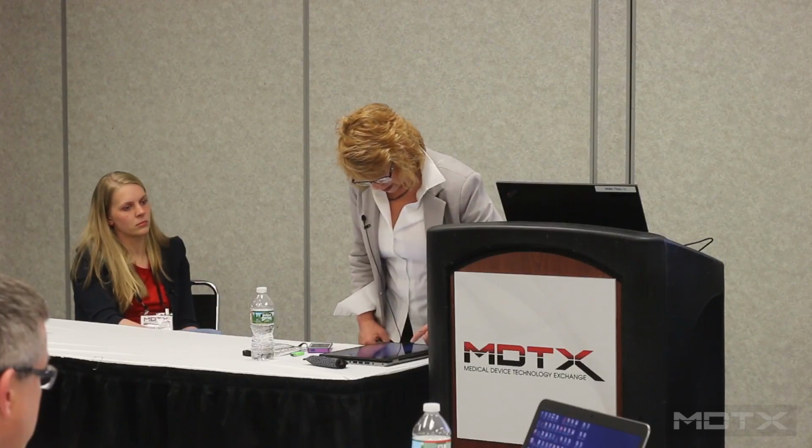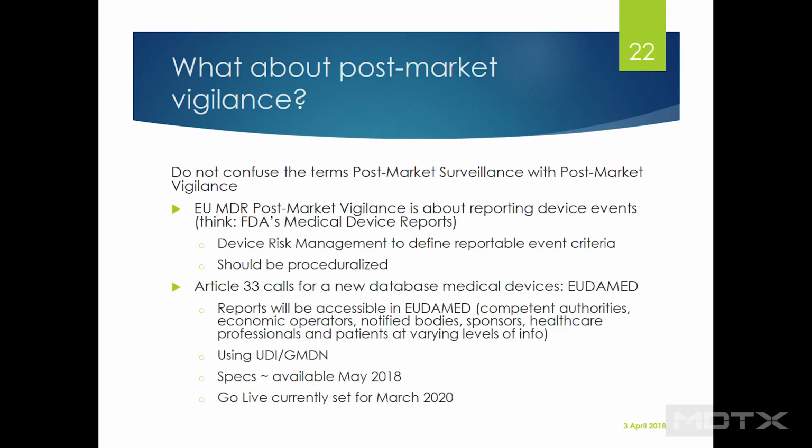So this is where they're going to be collecting it. Let's see, what's the timeline for this? Let's see, going back to my previous slide. I think, by the way, it does use the GMDN universal codes, and its specs are expected in May of this year. We'll see how that goes. And it's expected to go live in March of 2020. So again, there's asterisks when they publish the dates, right?